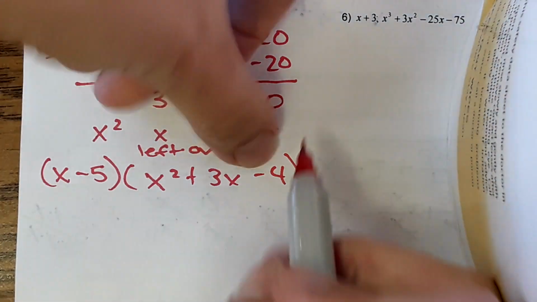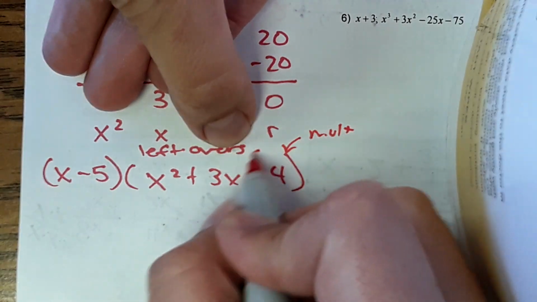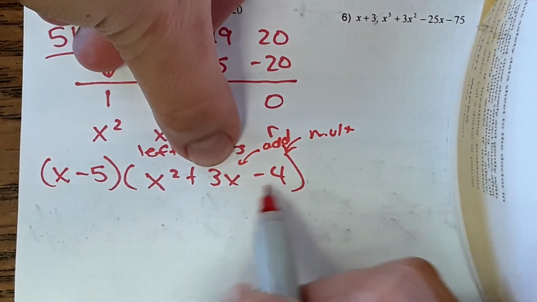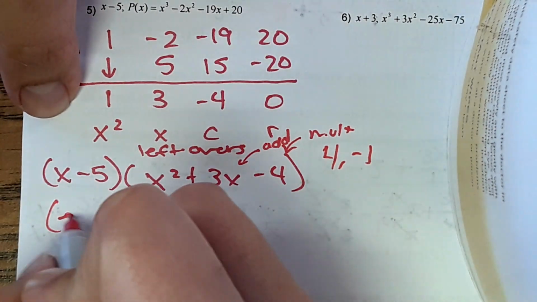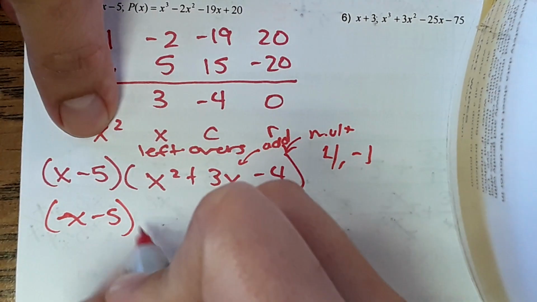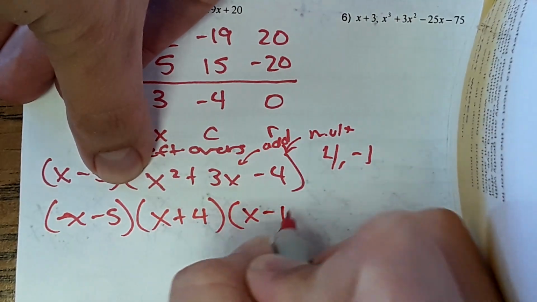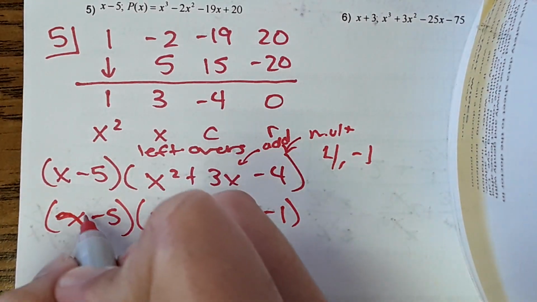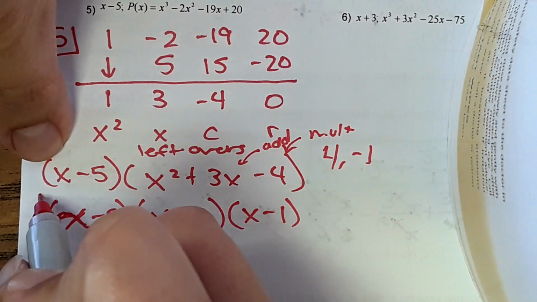So remember, when we factor, we need 2 numbers that multiply to this number and add to this one, like 4 and negative 1. So like x plus 4, x minus 1. Oh, it's supposed to be an x. Okay. But this is what they're looking for.